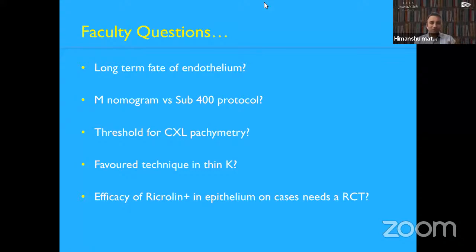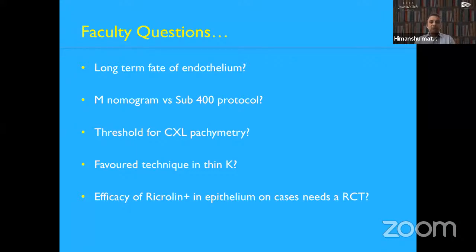So there are a lot of things. See, one thing which we have to remember is that when we are doing cross-linking, it's not about how thin a cornea I can cross-link without frying the endothelium. It's about what you want to achieve there, the final destination: how are you going to visually rehabilitate the patient?